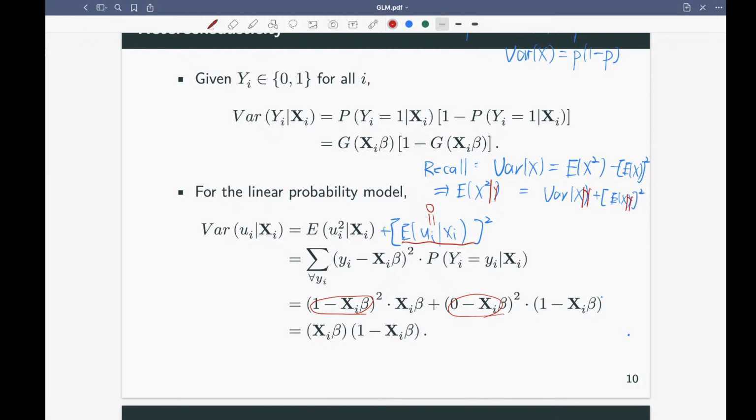So it's like this term, x_i beta. Here it is squared, so the negative times negative gives a positive. Then here we cross these two.